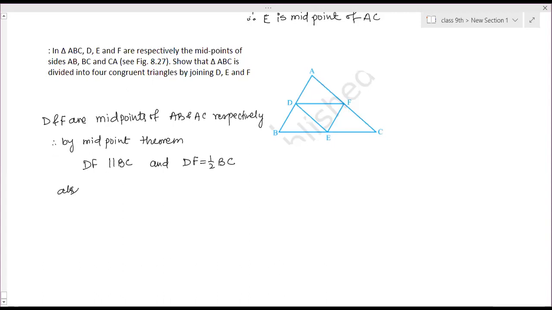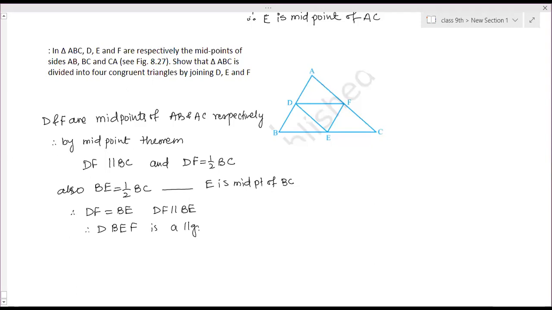Also, BE is half of BC, E is midpoint of BC. Therefore, DF is equal to BE and DF is parallel to BE. Therefore, DBEF is a parallelogram.